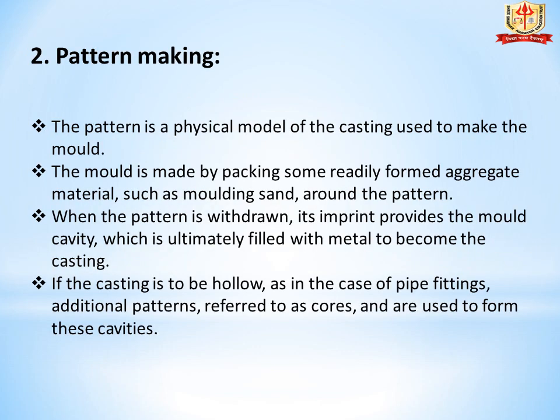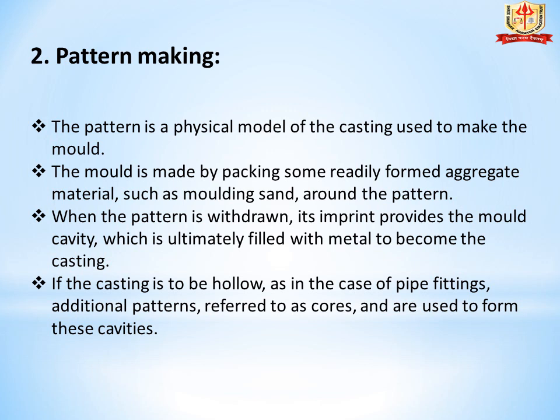Second step is pattern making. First point, the pattern is a physical model of the casting used to make the mold. Second point, the mold is made by packing some readily formed aggregate material such as molding sand around the pattern.